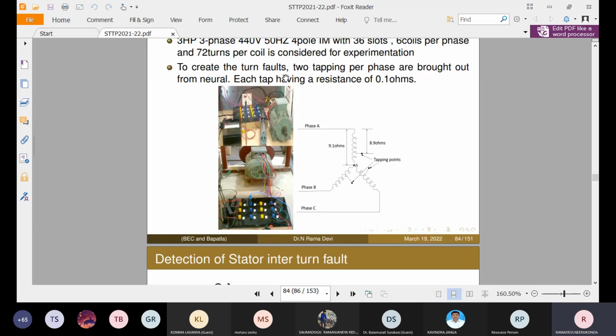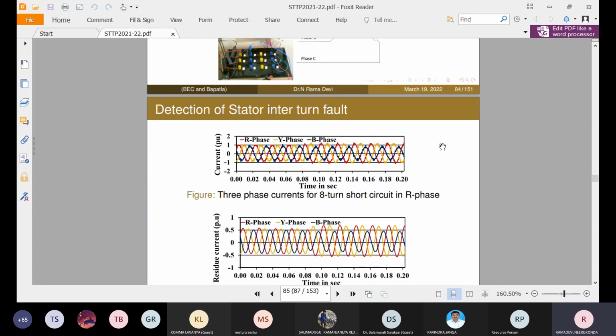For the creation of the faults, we take 2 tappings per phase brought out from the machine, from the neutral point. Each tapping has a resistance value of 0.1 ohm.